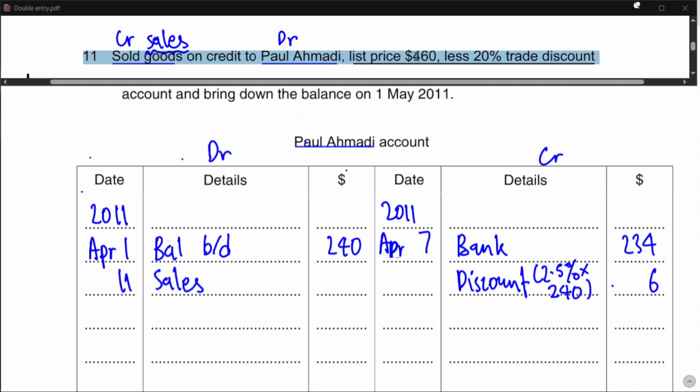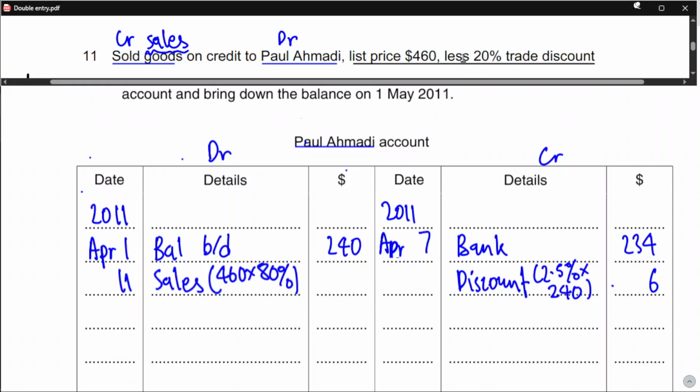So 3460 less this discount, 3460 times 80%. That's 20%, right? So 100 minus 20, so 80%. Then 460 times 80%. So it's 368.